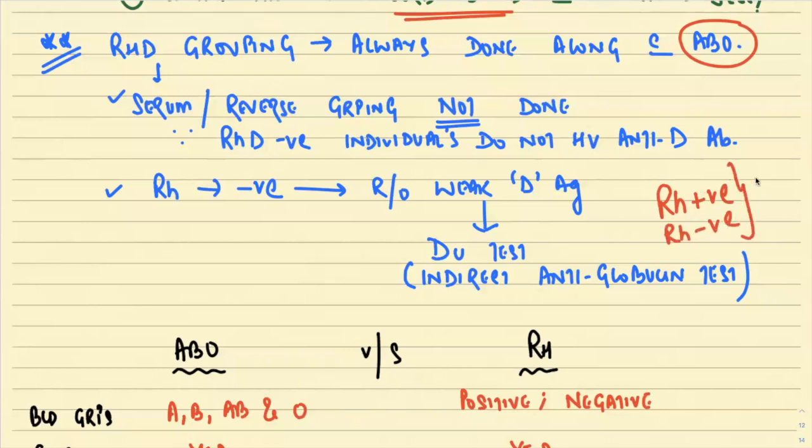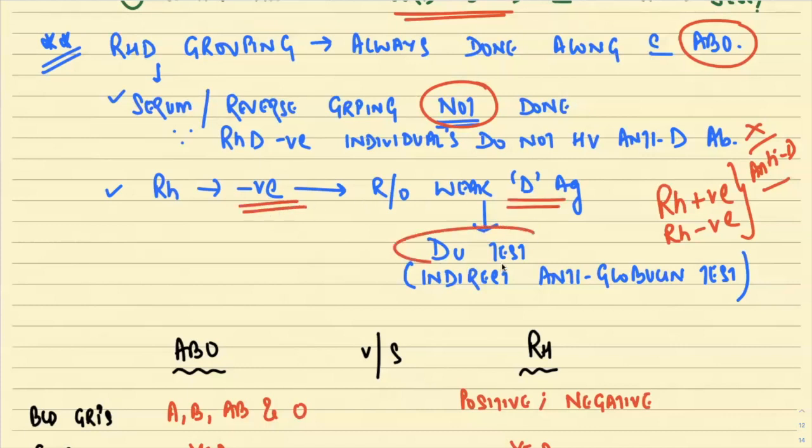So both RH positive and RH negative do not have any kind of anti-D. This is not present. So what is very important over here is that reverse grouping or serum grouping is not applicable in case of RH. There is just RH forward grouping. We are just checking for the presence of RH antigen. That's it. Okay.